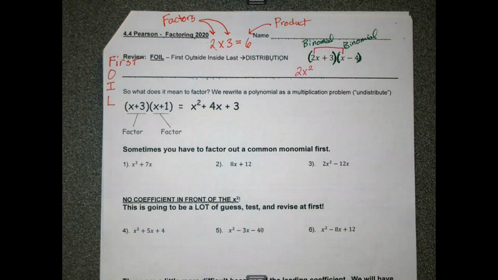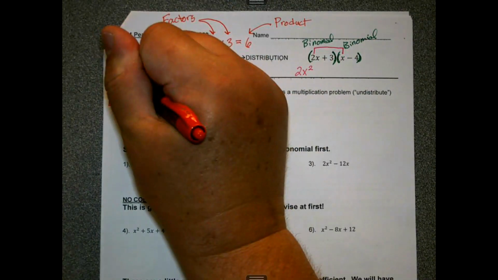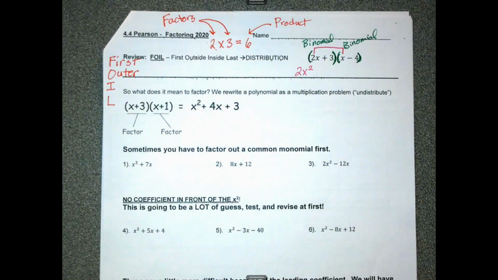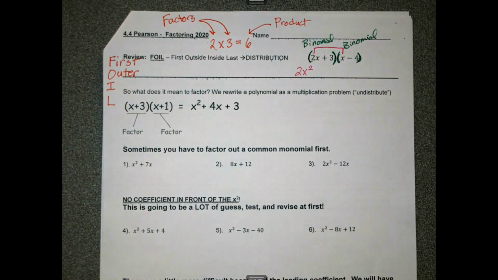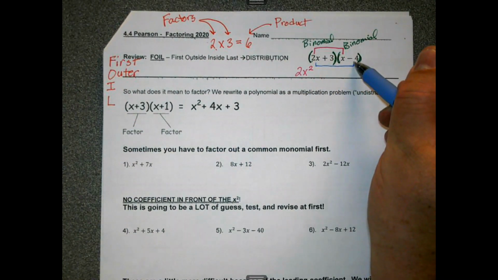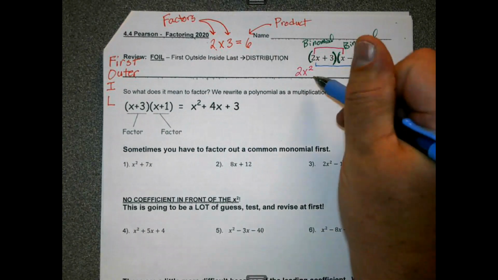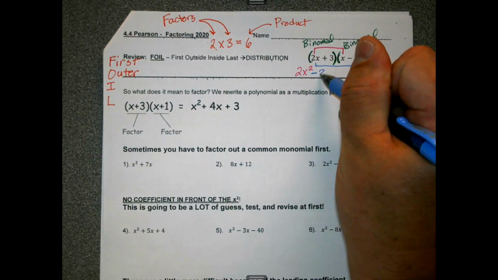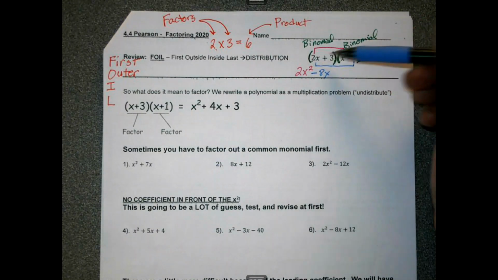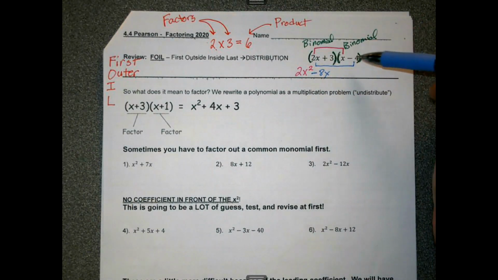Then the O stands for outer. So I'm going to take the outer terms and multiply them together. I have 2x times negative 4, which gives me negative 8x.